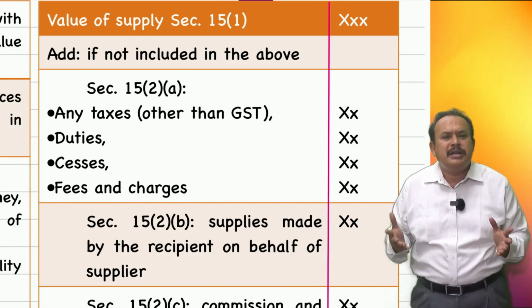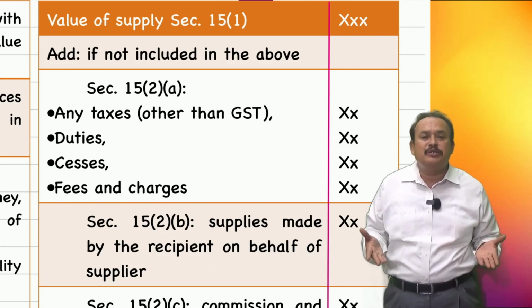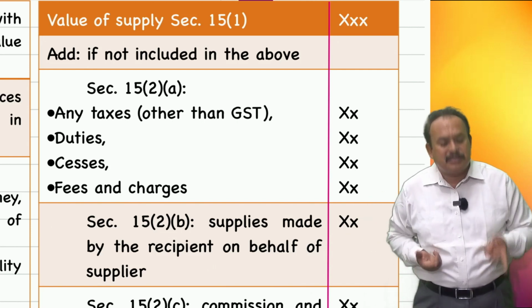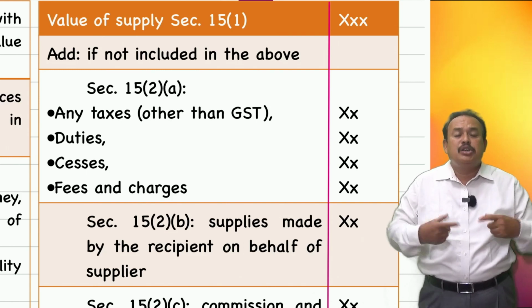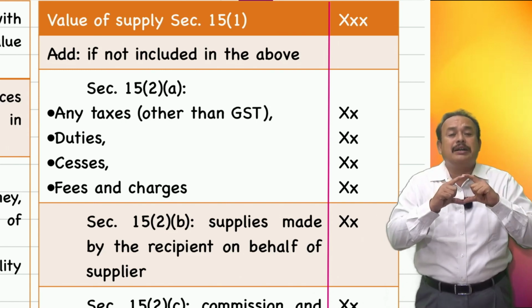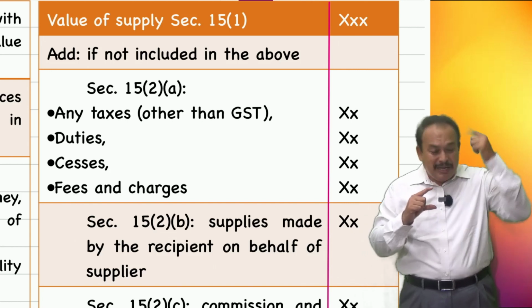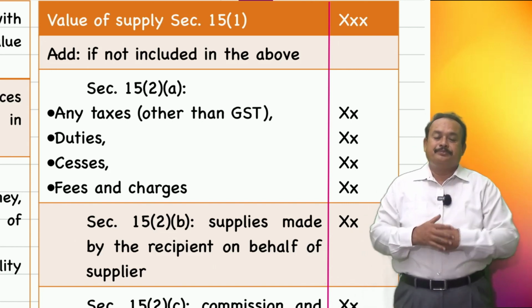Here property tax is not a GST tax, so it is addable in the value of supply. Rent of 1 lakh, plus property tax of 20,000 added now, gives a total value of 1,20,000 as the value of supply of service, and you have to pay GST on 1,20,000.